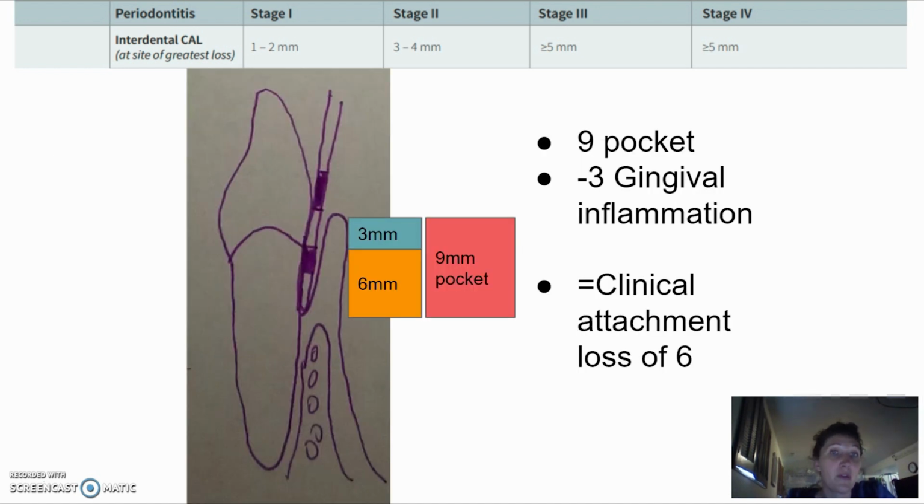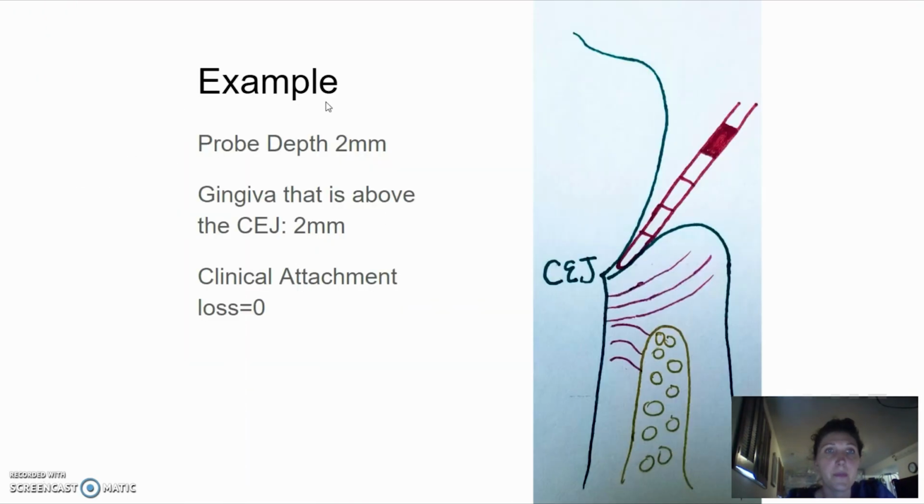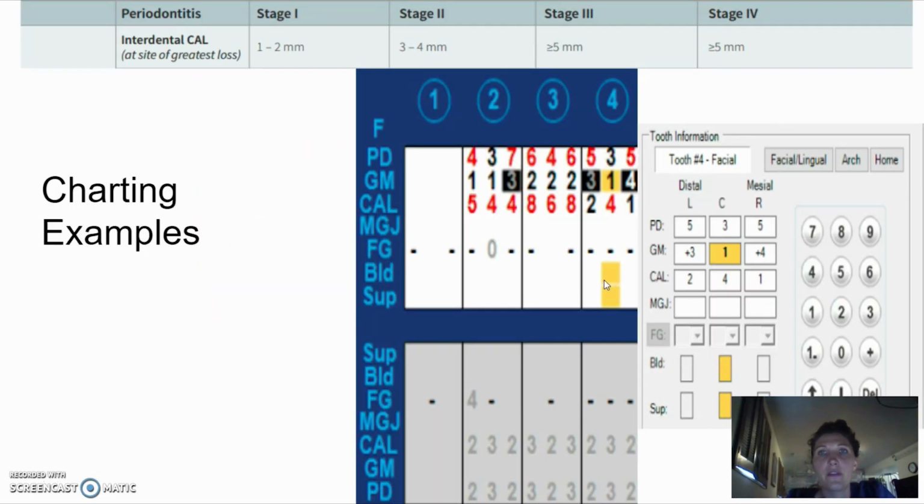Like in this sample right here, if you find a 9 millimeter pocket, we need to find the true level of loss, how much gingival overgrowth I have, to determine what stage my patient is actually in. Okay, here's another example. I have a probe depth of 2 millimeters. It's right at the CEJ, right where it should be. It's health. So the gingiva is 2 millimeters above the CEJ, so I have a clinical attachment loss of 0. Everything's fine on that tooth.